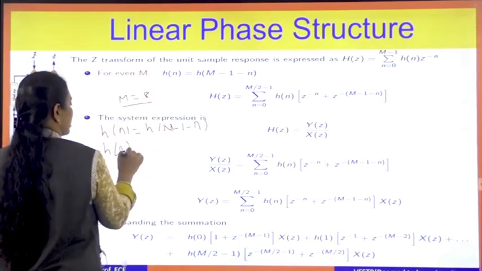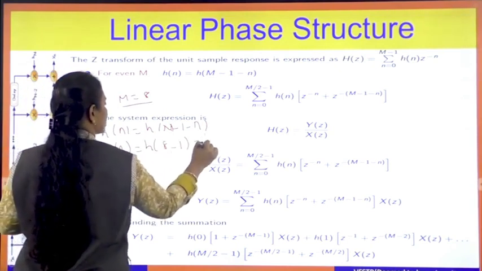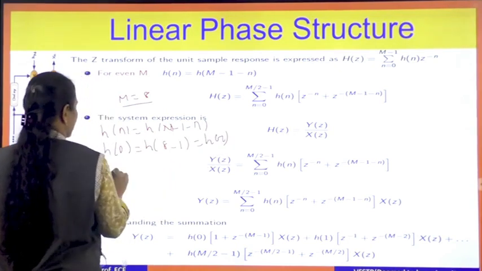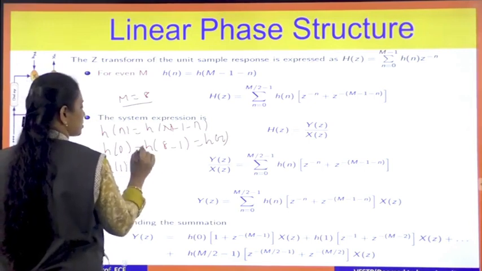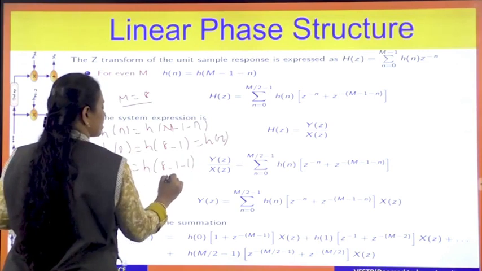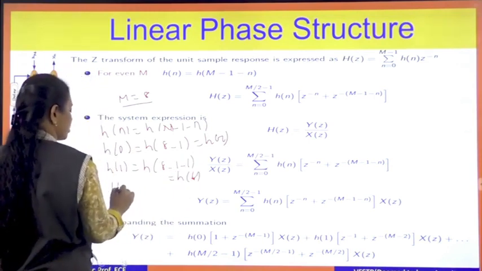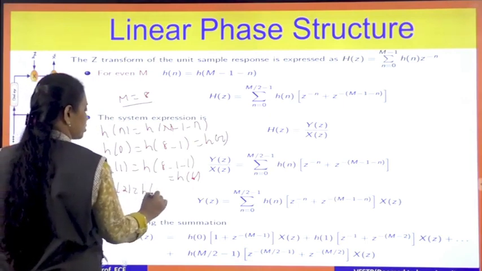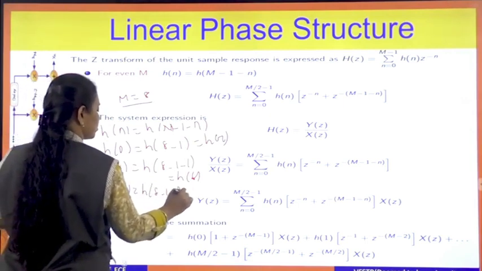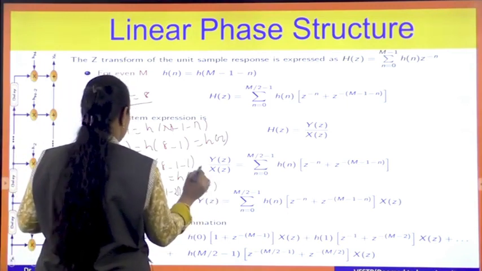So for 0, it is 8 minus 1, h of 7. h of 1 is h of 8 minus 1 minus 1, so it is h of 6. h of 2 is h of 8 minus 1 minus 2, that is h of 8 minus 3, so it is h of 5.